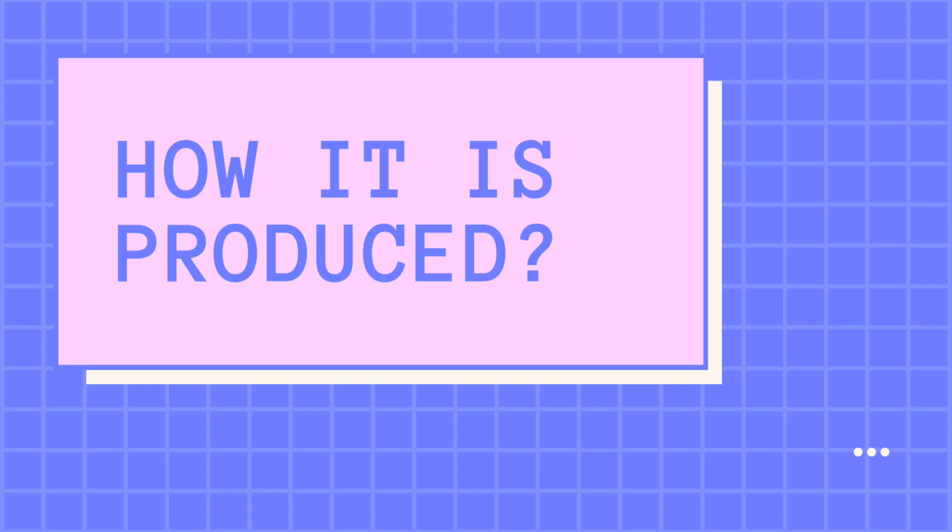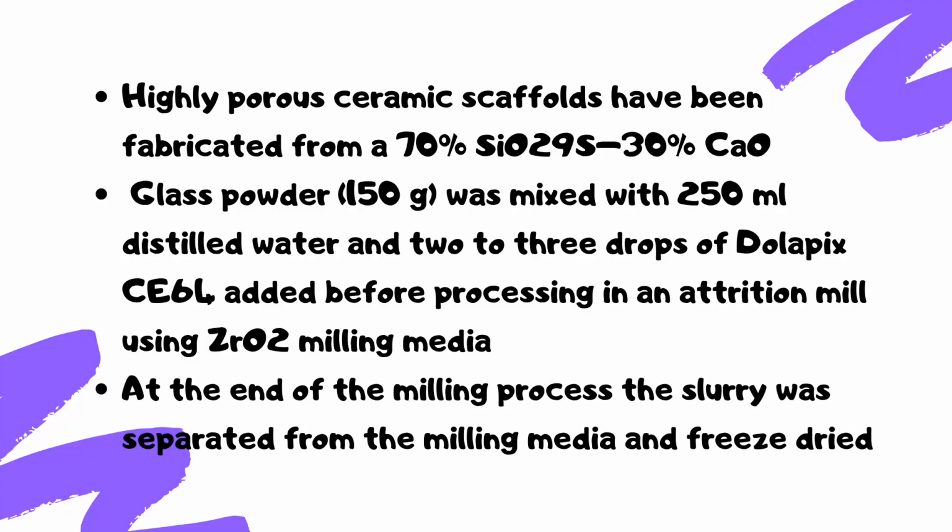How are the ceramic scaffolds produced? Highly porous ceramic scaffolds have been fabricated from 70% silicon dioxide and 30% calcium oxide.